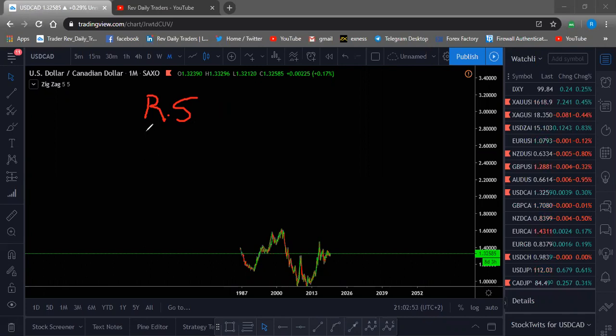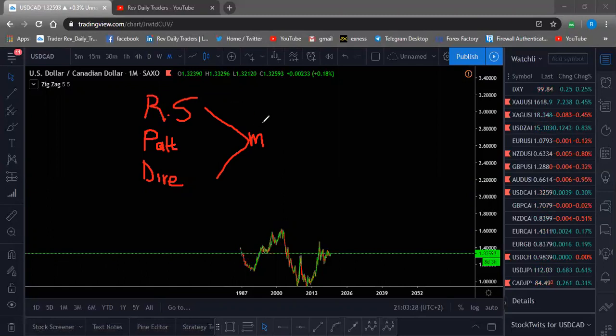We look for our patterns. We look for our direction on monthly, okay? All this, we start from monthly time frame, okay, guys? It's where you start to look for your direction, pattern, and RS.